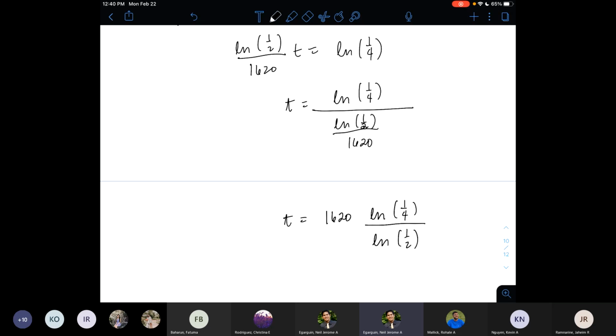Again, if it's not a multiple choice problem, then you can leave your answer like this, because you are not expected to use calculators. But I guess here it is approximately 3,240. That means it takes that amount of time for only 25 grams of the radium to be left.